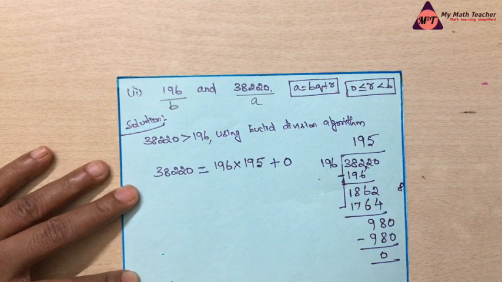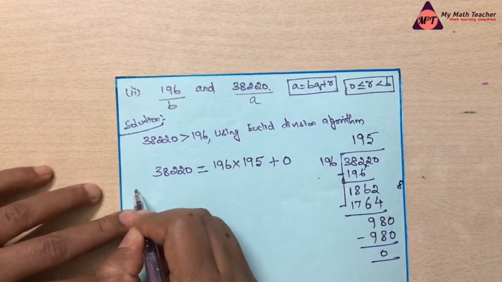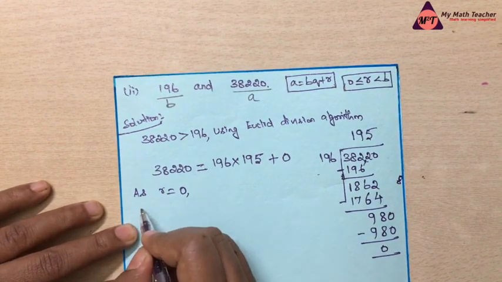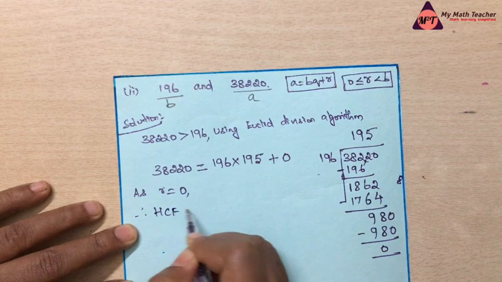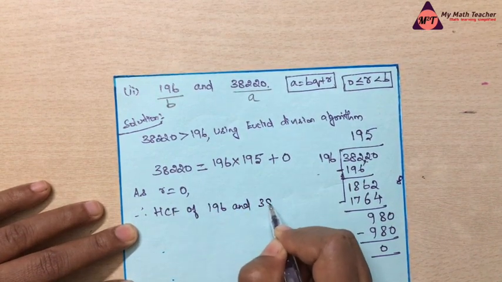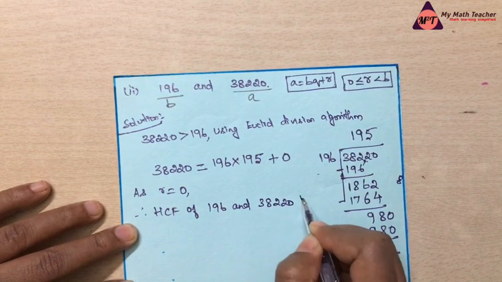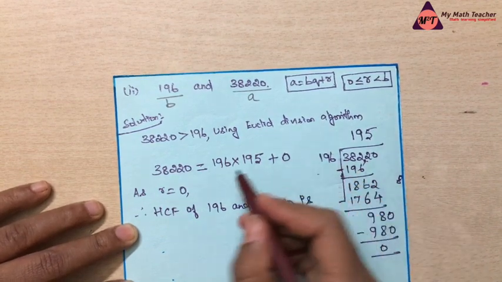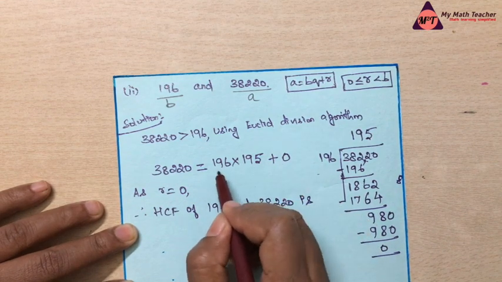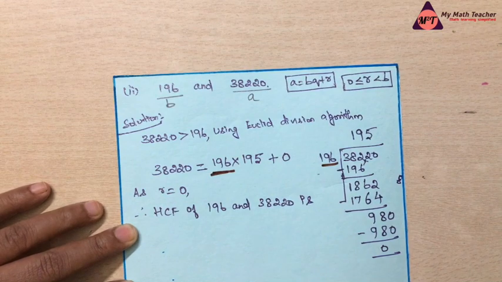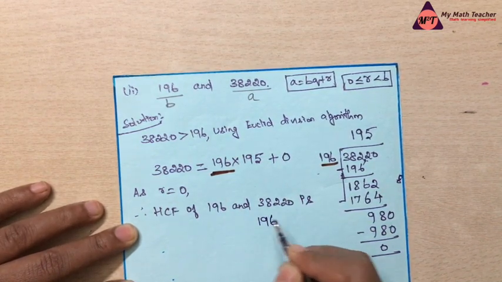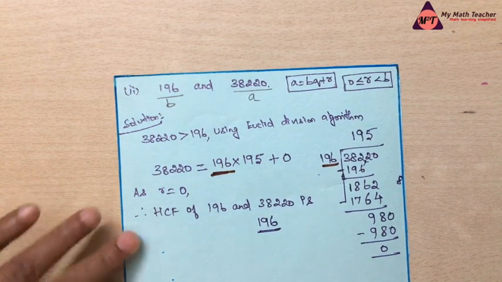Now here, as R is equal to 0, therefore HCF of 196 and 38,220 is, what's the answer? We know that in the last step where the remainder becomes 0, the divisor is always the HCF. So what is the answer? 196 is the HCF. Okay.